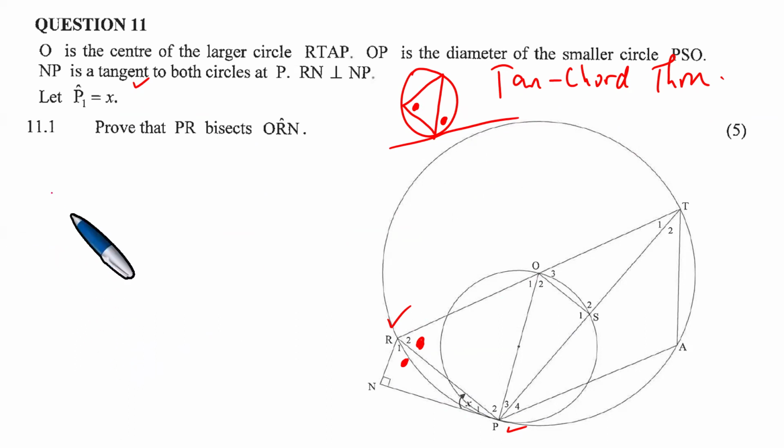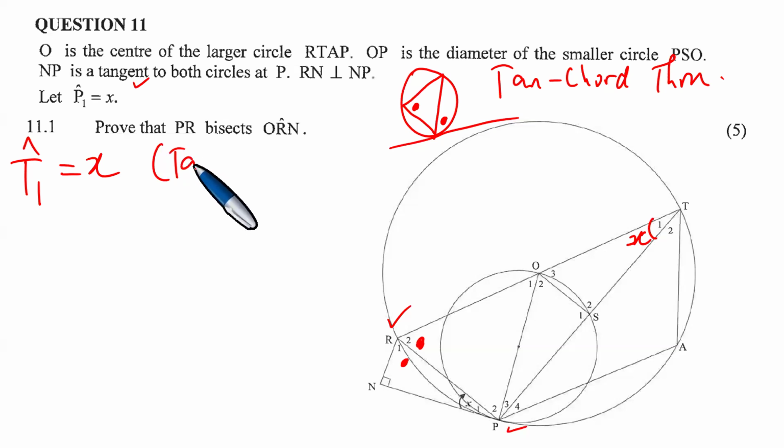So we start by saying angle T1. Angle T1 is equal to what? Angle T1 is equal to X. So angle T1 is X, which is the tan chord theorem.